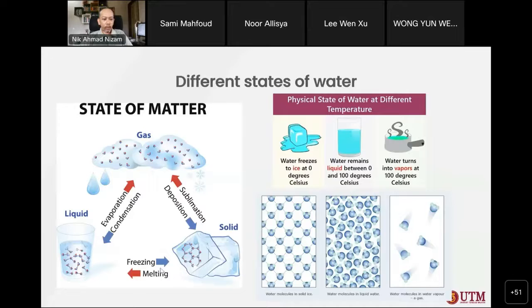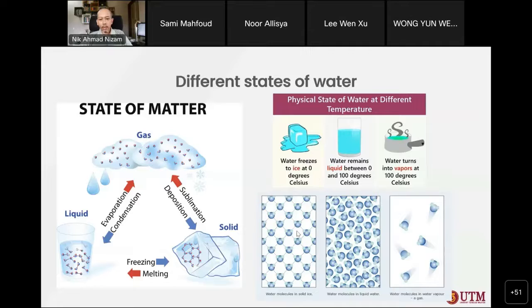Solid will melt and become a liquid. Condensation of gas will produce liquid, and deposition of gas will produce solid, and solid will undergo sublimation to produce gas.